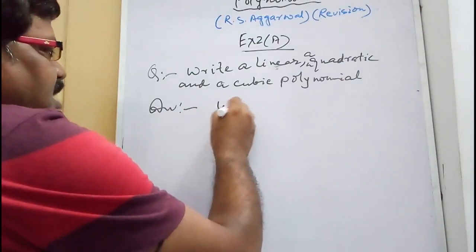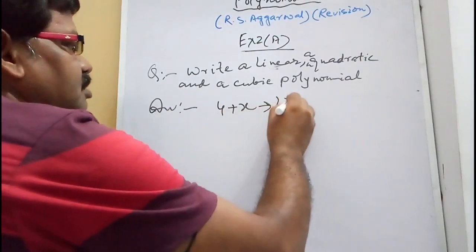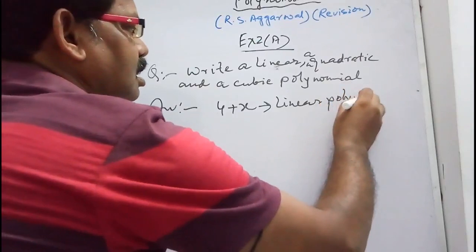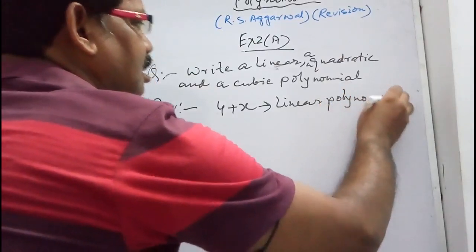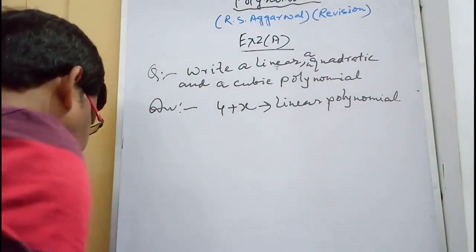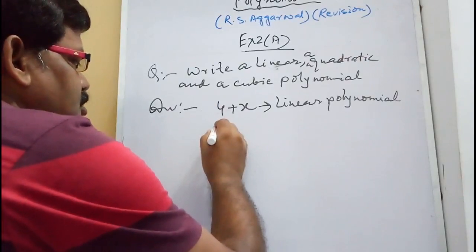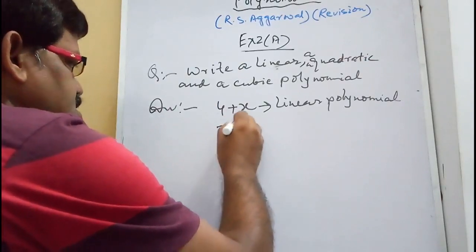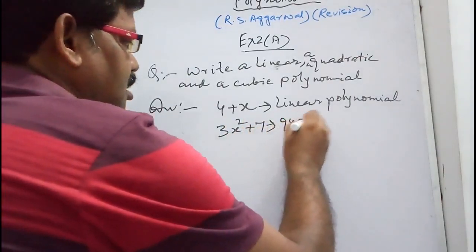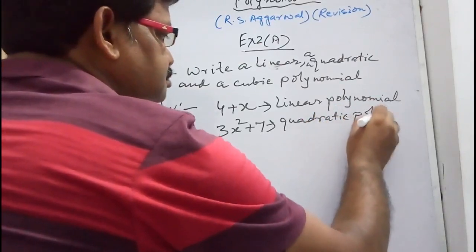So 4 plus x, a linear polynomial. Next is quadratic polynomial, that power is 2. So 3x square plus 7, quadratic polynomial.